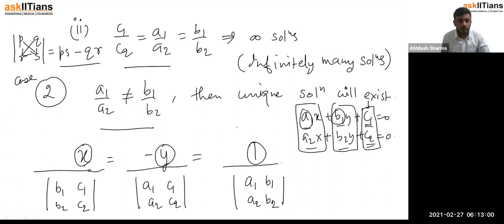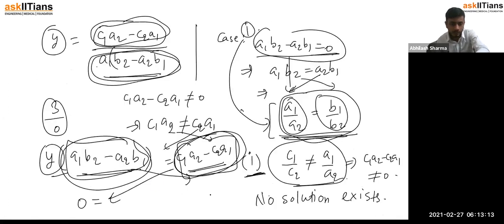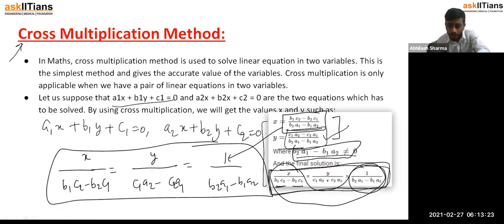So in the denominator we get b1 c2 minus c1 b2, and here also we obtained the same thing, b1 c2 minus b2 c1. Now here also we will obtain a1 c2 minus a2 c1, but due to the negative sign the order has changed here.